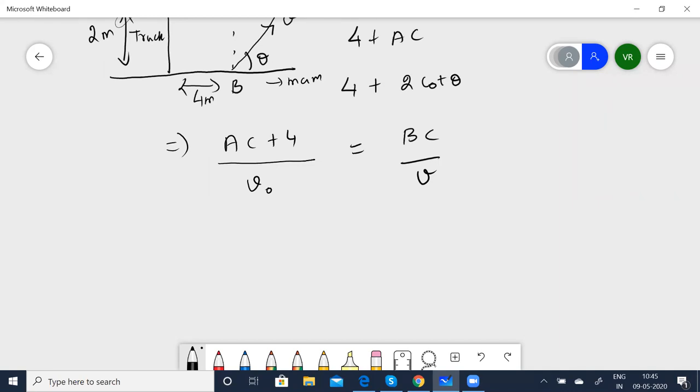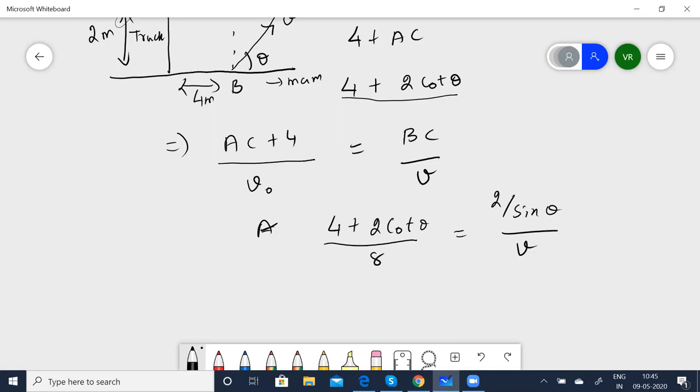You know V0 is 8, so you can substitute 4 plus 2 cot theta divided by 8 is equal to VC, which is 2 by sine theta, divided by V. We have to calculate V. So from this we get V is equal to 8 by (2 sine theta plus cos theta). For minimum time, we need to find the minimum time.